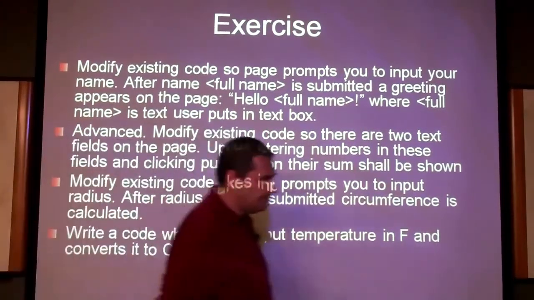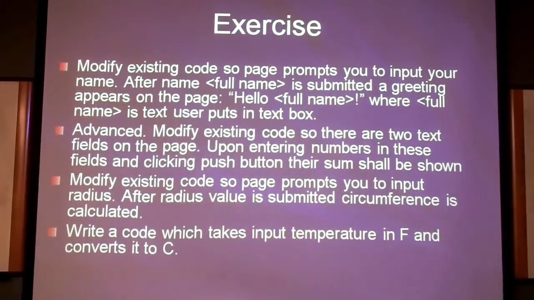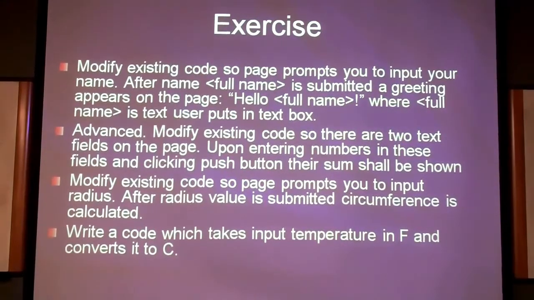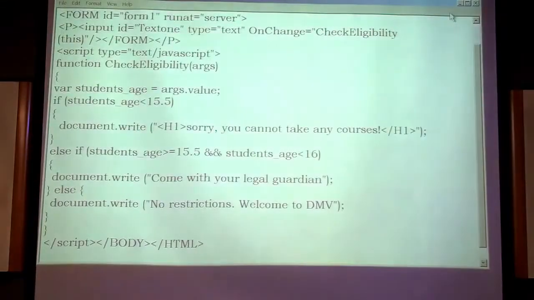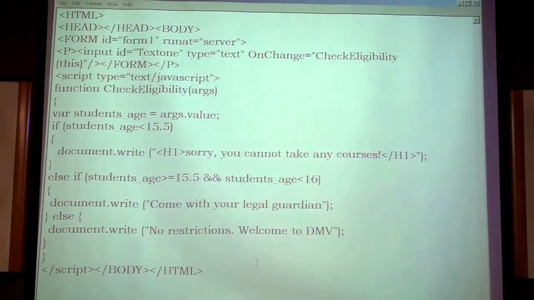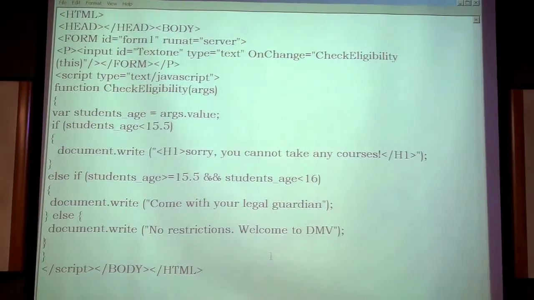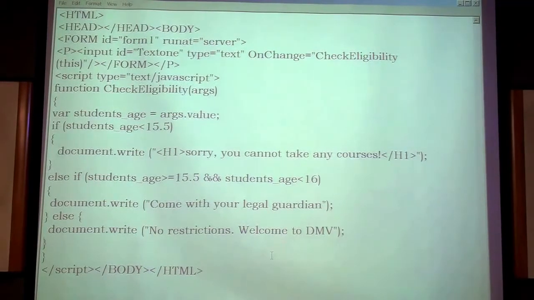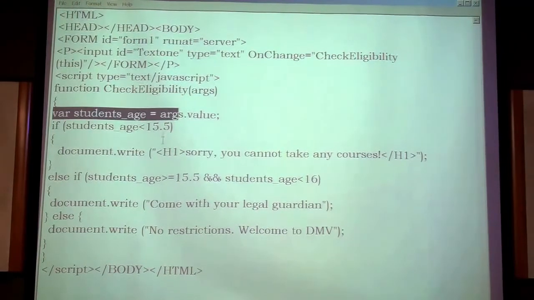Essentially we have to insert the username, the name, and then that person should be greeted. This is the code from a previous exercise when we were testing the eligibility from DMV. Remember, before starting the exercise, I said you already have existing code, you have to modify it. Guys, attention, please. Sorry, this is not the correct one.